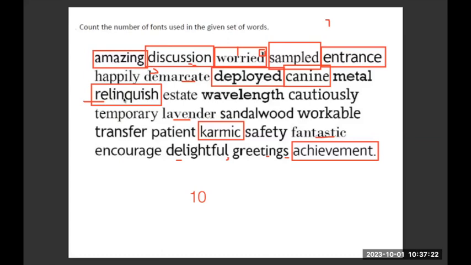N is similar. Yeah, so I'll just remove that one second. Okay. So correct, right? Relinquish and entrance. Yeah, it's correct.